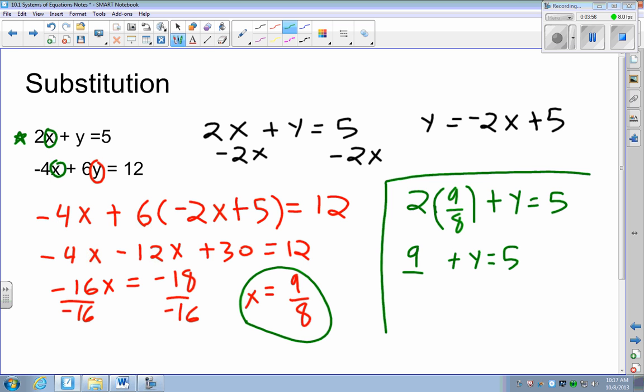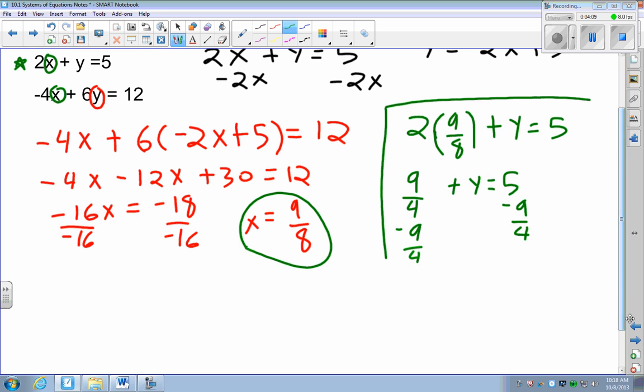If we simplify it. And so I'm going to subtract this 9 over 4 from both sides. So we'll get y is equal to 5 minus 9 over 4.